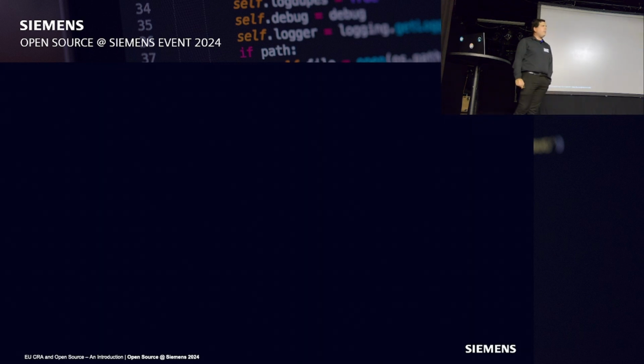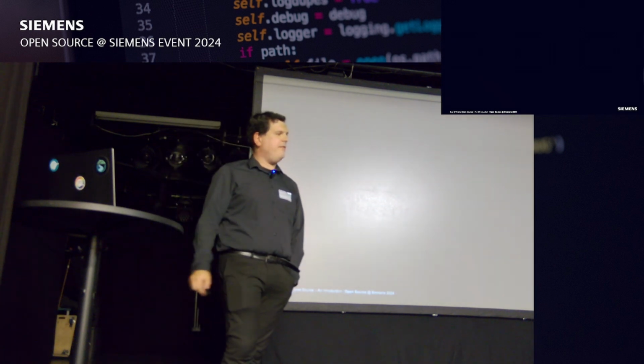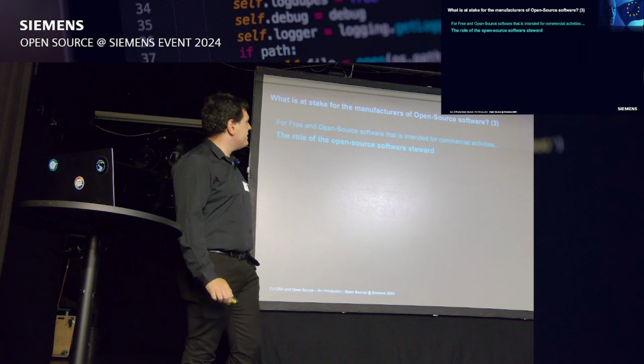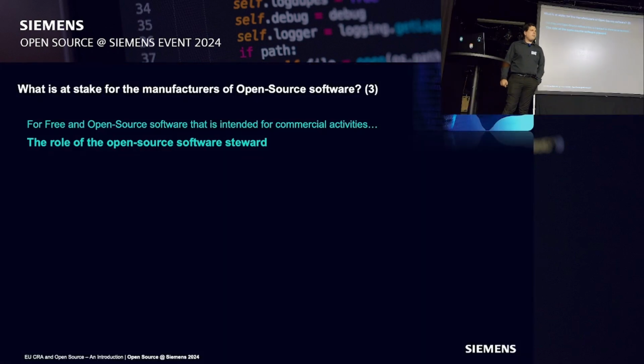Now, there is one more thing. You are either a developer or a manufacturer, and then with the Cyber Resilience Act, they invented a legal role: the OSS steward. What is the OSS steward? Let's say this applies for sure to an open source foundation, though in a specific case we will have to see.